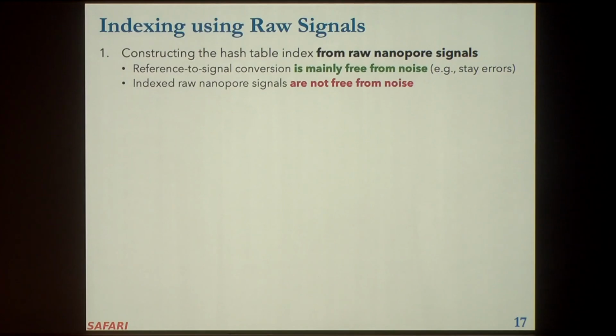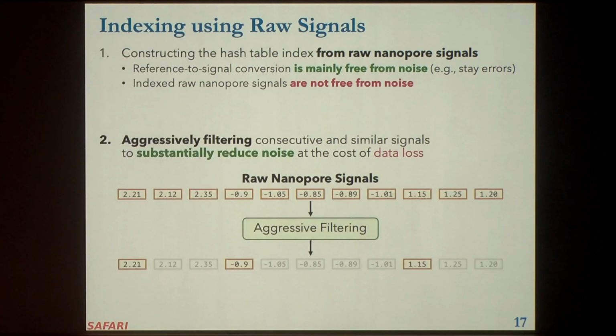When we construct the index from raw signals, this means that we are no longer constructing the index from a reference genome, which is mainly free from noise. Rather, we are now storing the noisy raw signals in the index. In order to reduce this noise, we apply an aggressive filtering, which removes consecutive signals that are similar to each other.